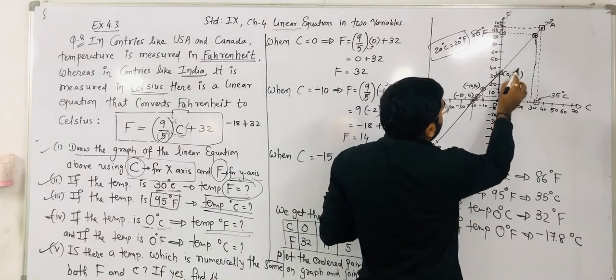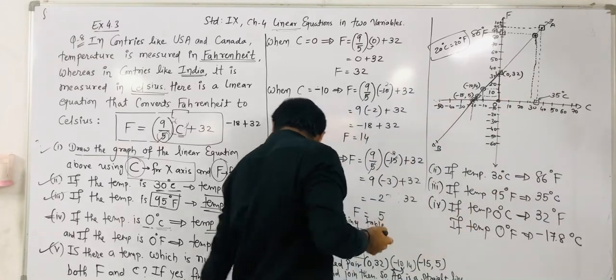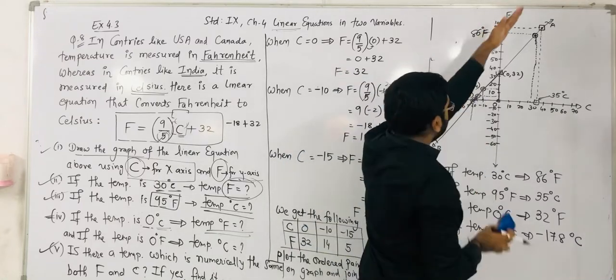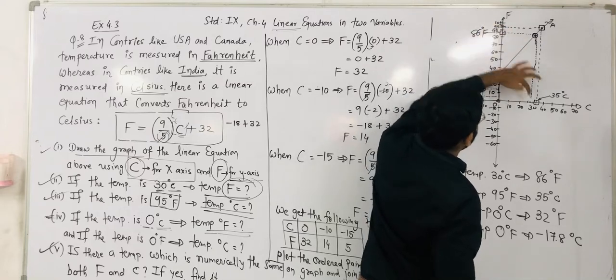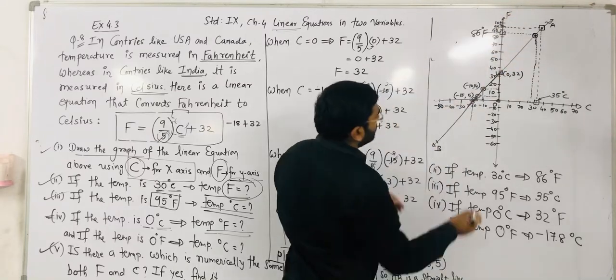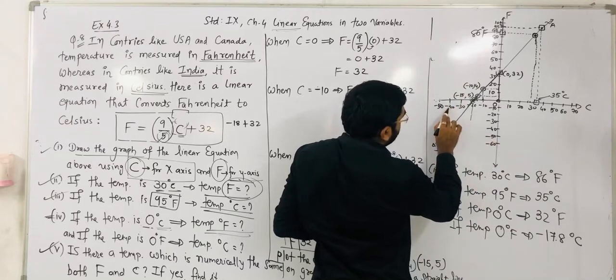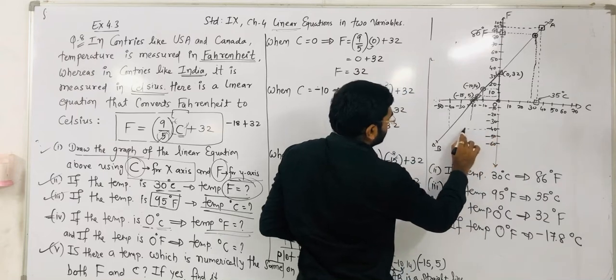On Celsius we take 20, then we get Fahrenheit as 60 degrees, right? So from this straight line, in the positive range the values are not equal. But in the negative range, observe here on our graph. We get minus 40 here, and this is minus 40.